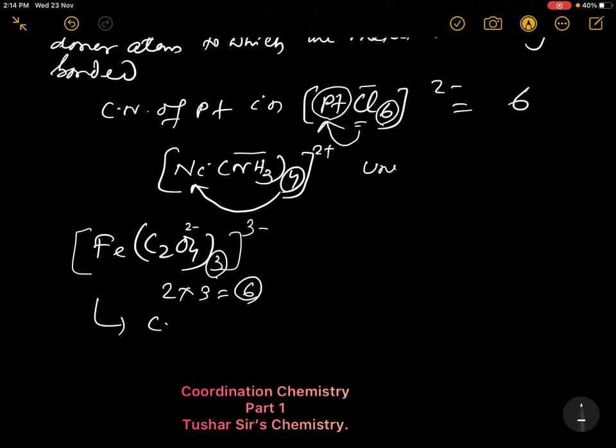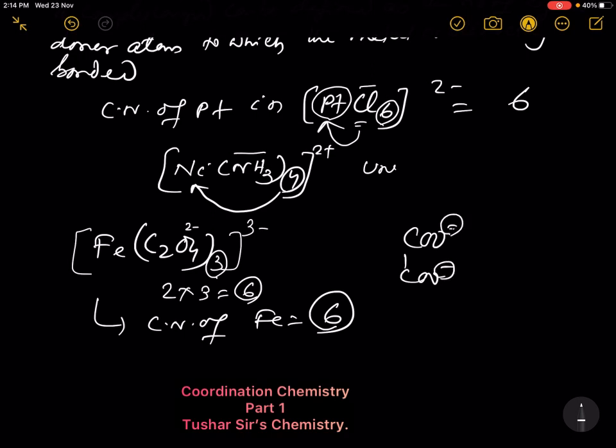C2O4 is written like this. It has 2 atoms bonded to the central metal ion, Fe3 plus, you can say.